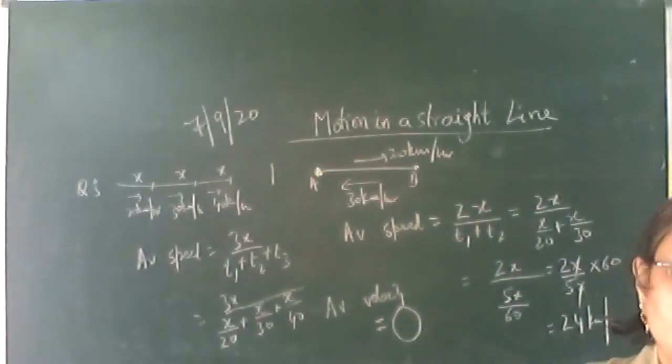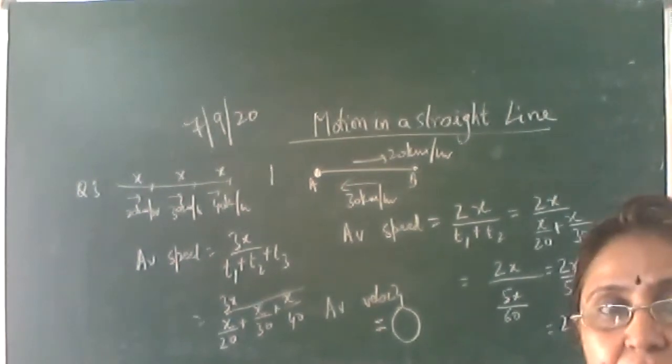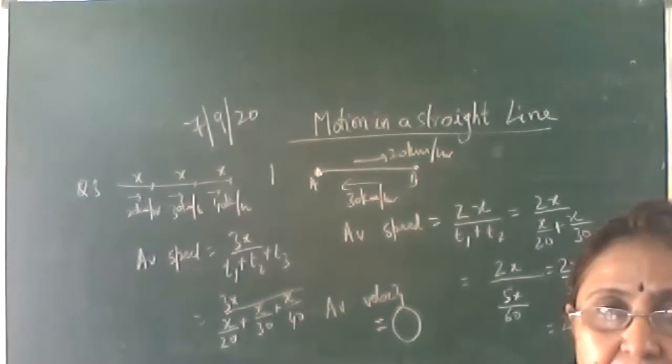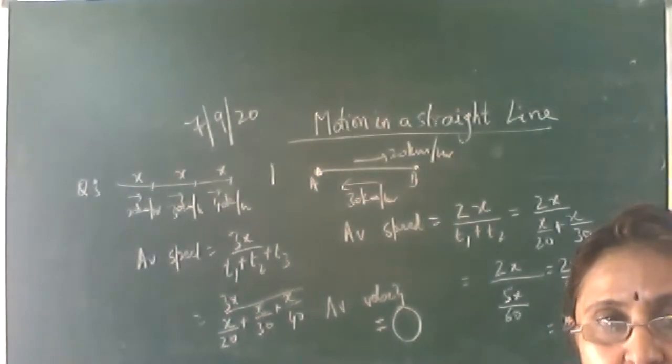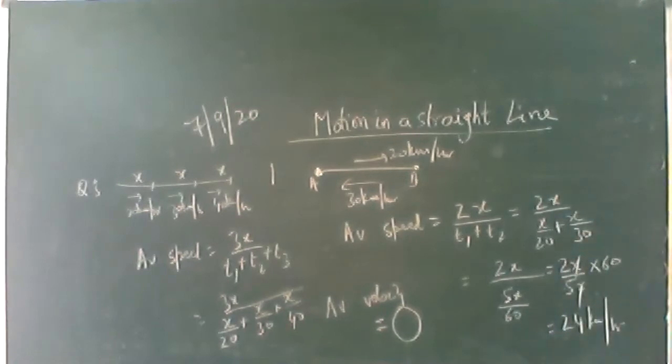Okay, the next question was to show that the magnitude of the displacement is less than the distance traveled or it is equal to the distance traveled. The magnitude of the displacement is the shortest distance between the initial and the final position.